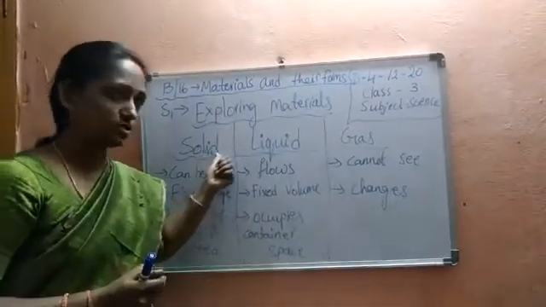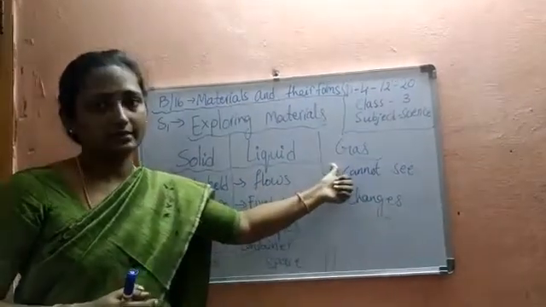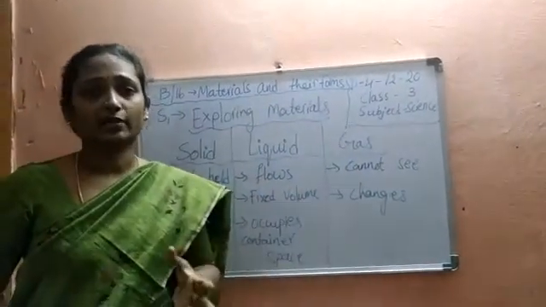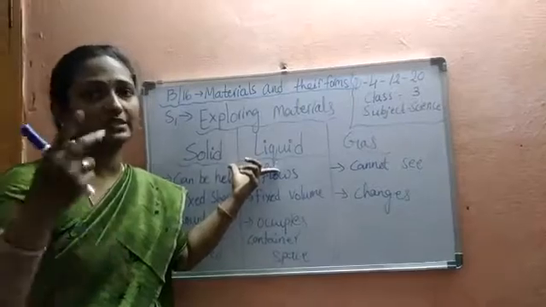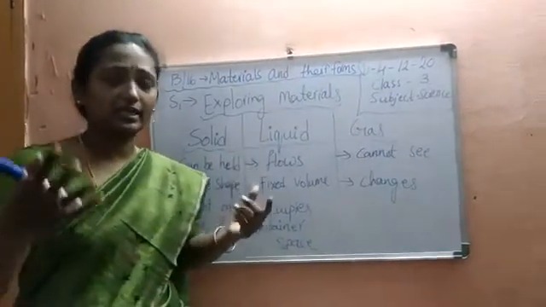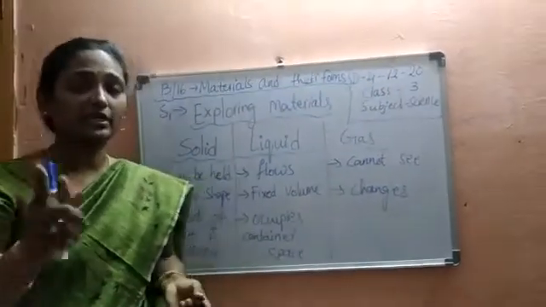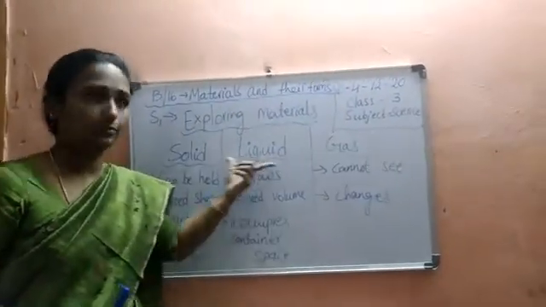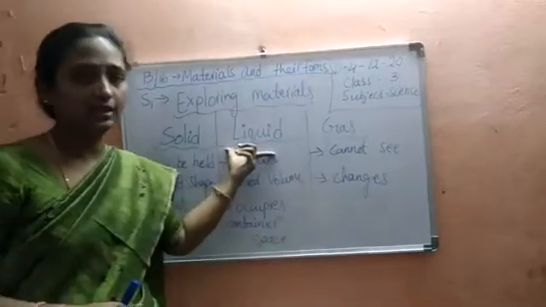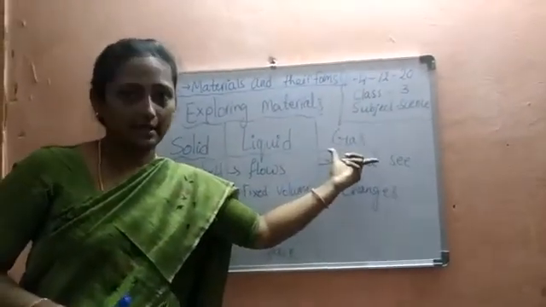So these forms are solids, liquids and gas. Anything is made up of any one of these three forms. You can say any object around you is made up of one of these forms. It may be a solid, it may be a liquid, or it may be a gas.